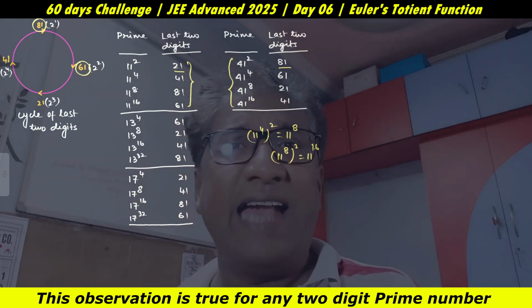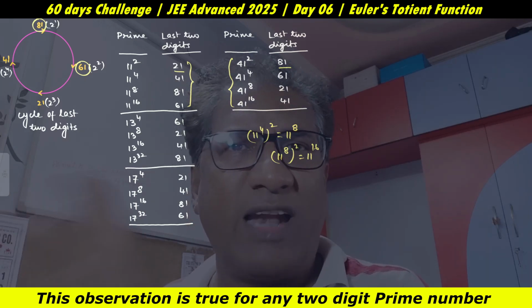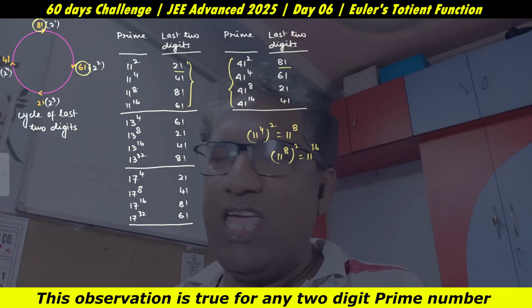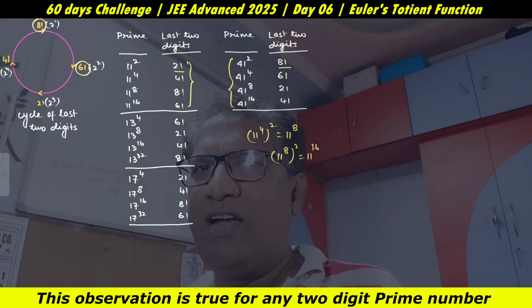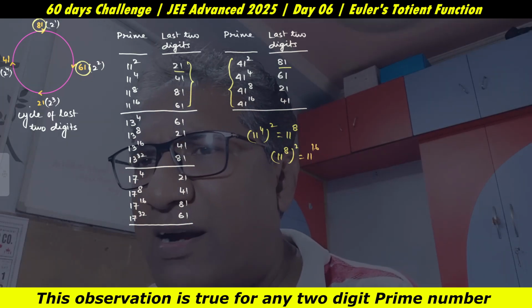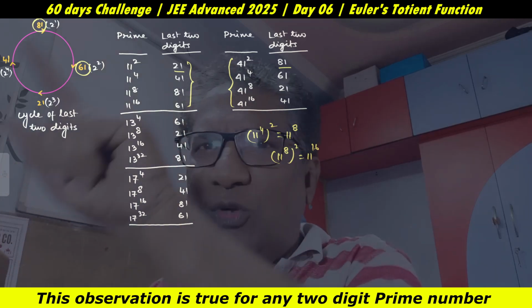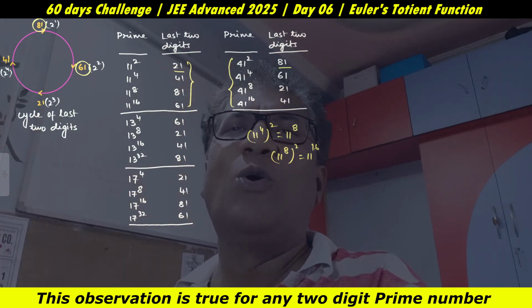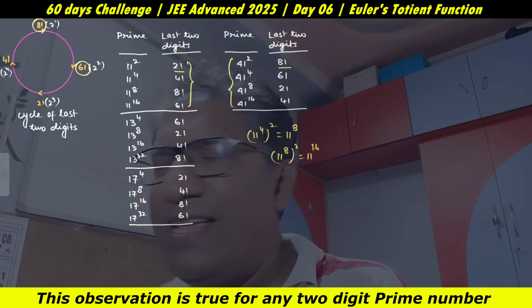If you don't get any of 81, 61, 21 and 41, you simply square it again. You are definitely going to get one of these 4 numbers. The moment you get it, you find the location of that number in the cycle, and then raise its power to 2, move to the next one, and this goes on. Is it clear now? So 41 square is basically 81.